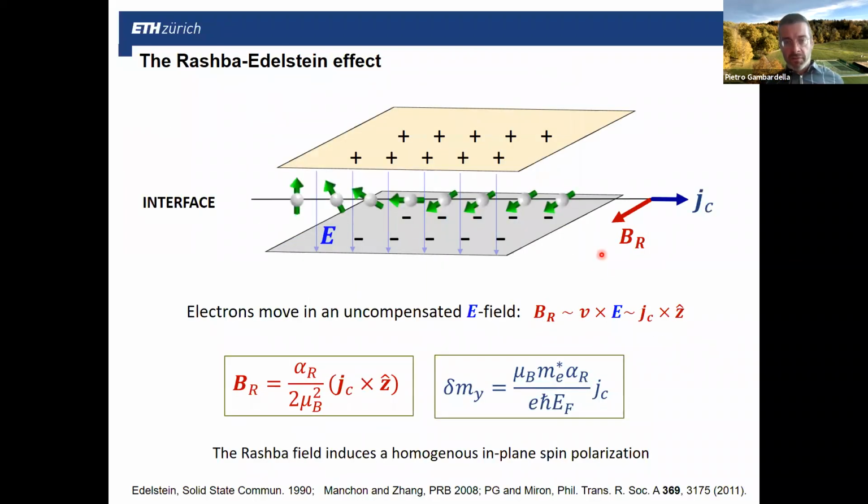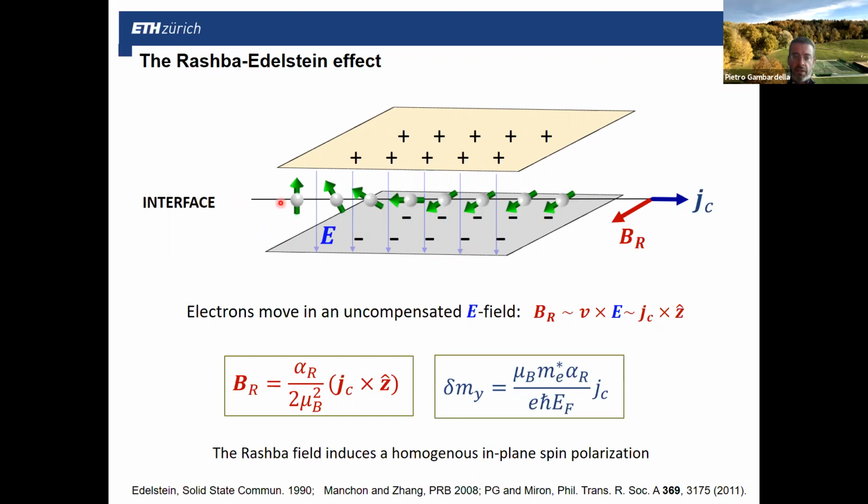So to give you a very brief and pictorial view of these two effects, I start with the Rashba-Edelstein effect, where you have to imagine an interface. This can be, for example, a material with two dissimilar layers facing each other, where you have some charge transfer at the interface of these two materials. And this charge distribution then produces an electric field that is perpendicular to the interface itself.